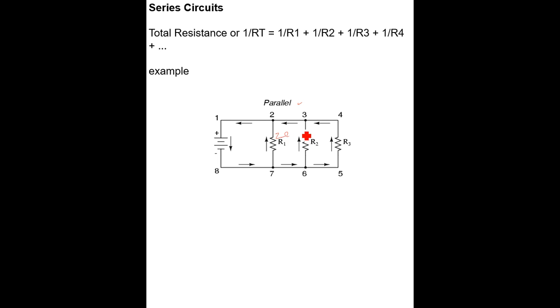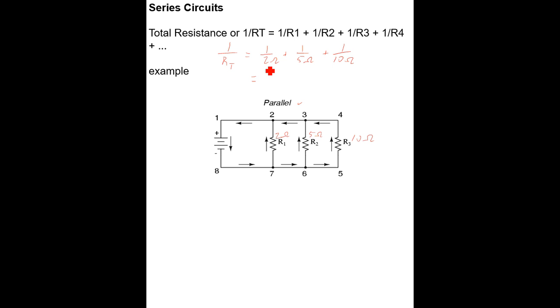So 2 ohms, the resistance for R1, 5 ohms, the resistance for R2, and 10 ohms, the resistance for R3. So now 1 over the total resistance, not the total resistance, but 1 over the total resistance, is 1 over 2 ohms plus 1 over 5 ohms plus 1 over 10 ohms.